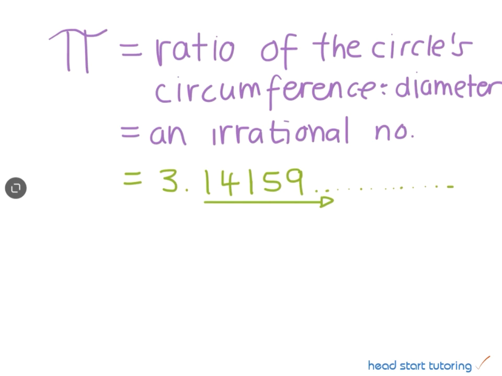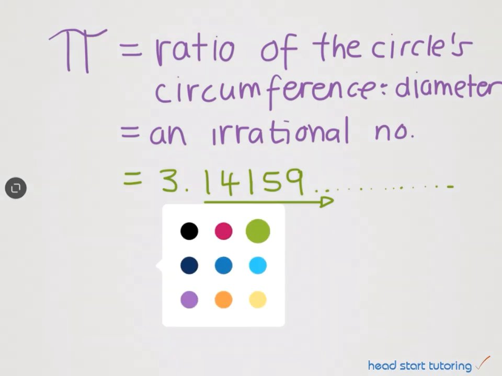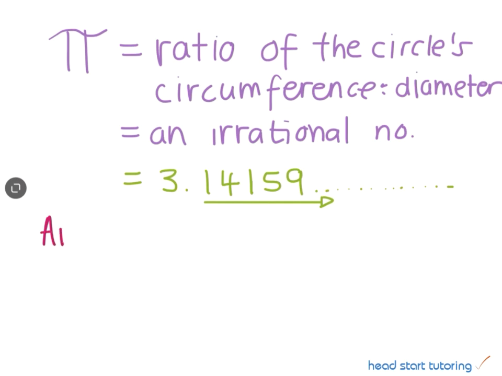So we use pi when we are working out the area of a circle. So the area of a circle is equal to pi r squared, and r is your radius. So you square your radius and then you multiply it by pi.